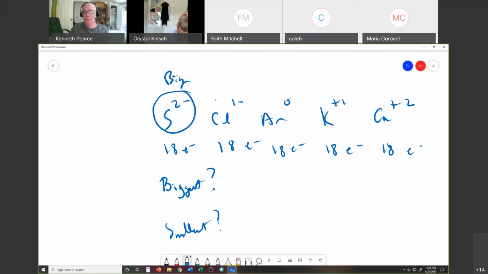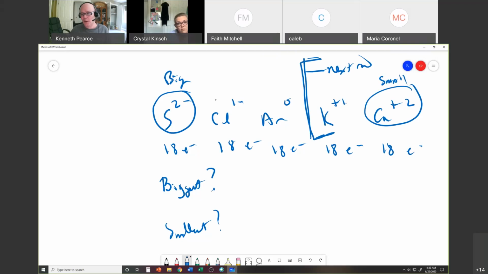Who's the smallest? It would be the one with the most protons, and that would be the calcium. Okay, even though this is on the next row. You see what I'm saying? That's where people get tripped up on this. Even though it's on the next row, it's still smaller.